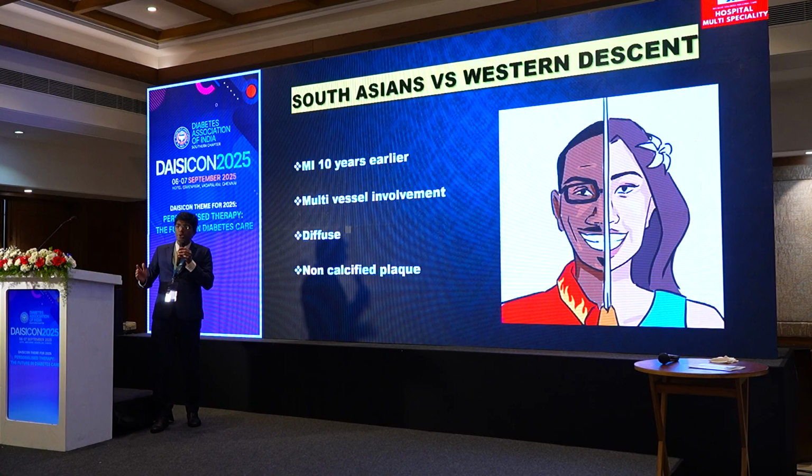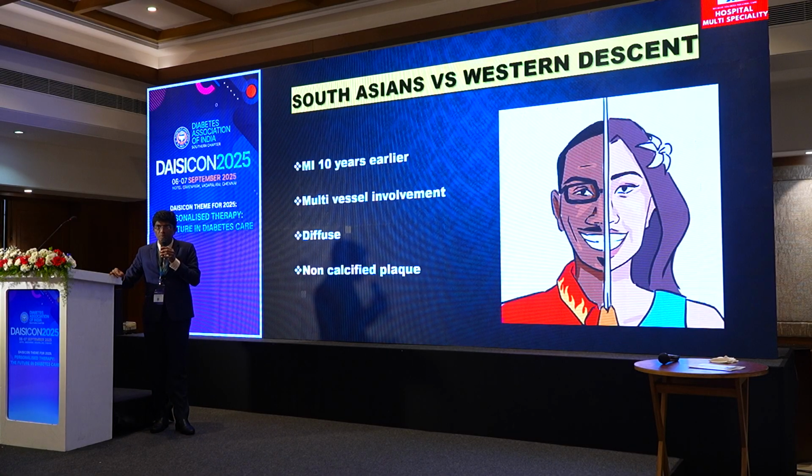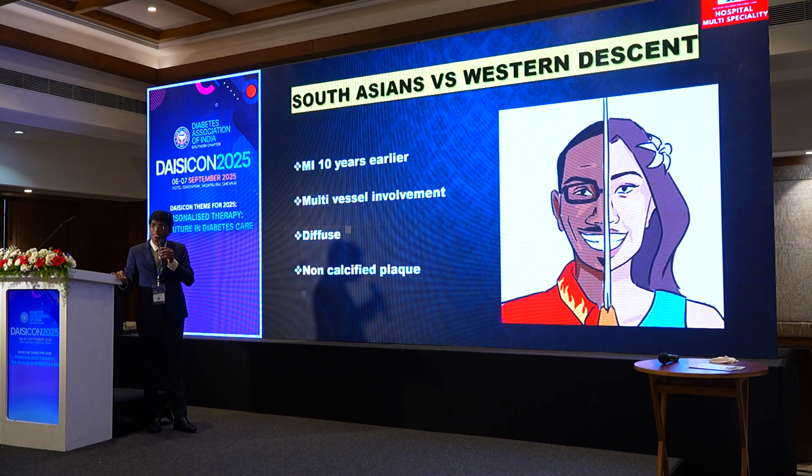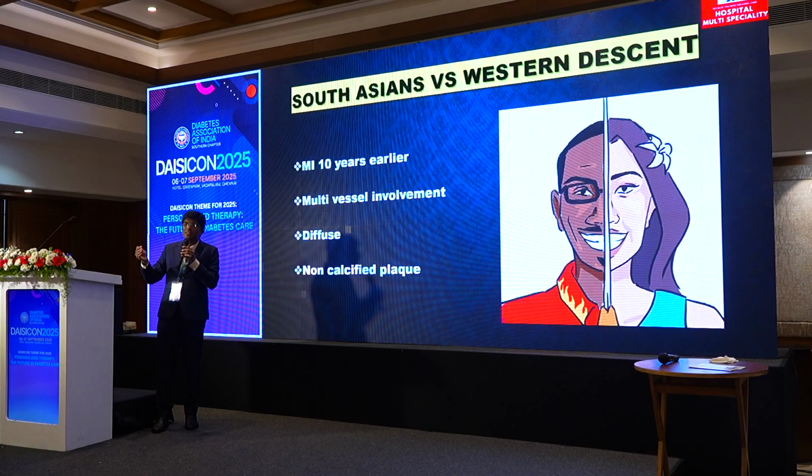If you look at the incidence of cardiovascular events in South Asian and Western populations, I want to give some hints on how South Asians are really different from those of Western descent. First, the most important is the incidence of cardiovascular events 10 years earlier than the Western counterpart.